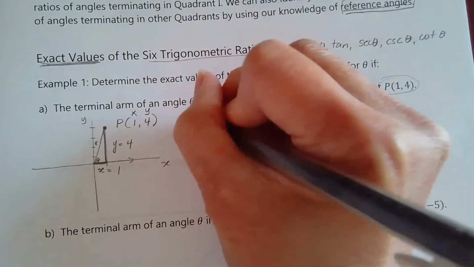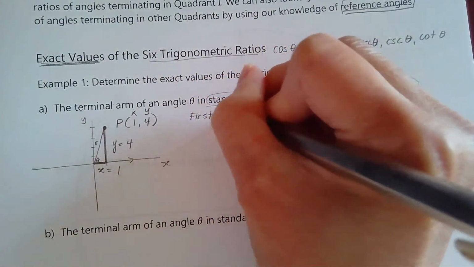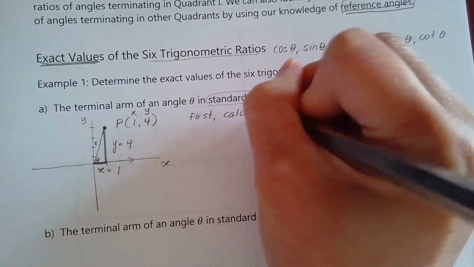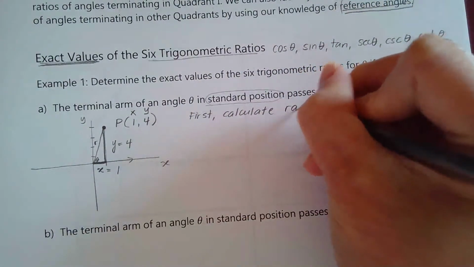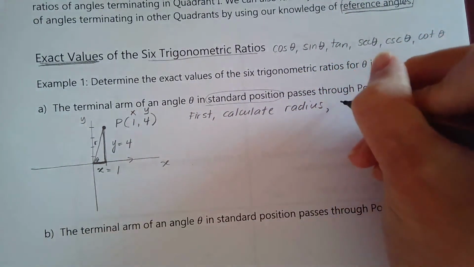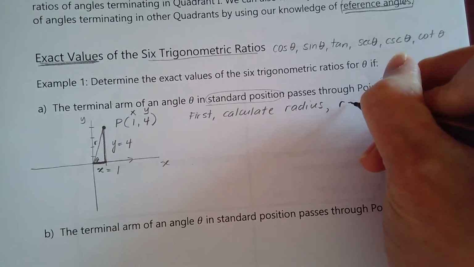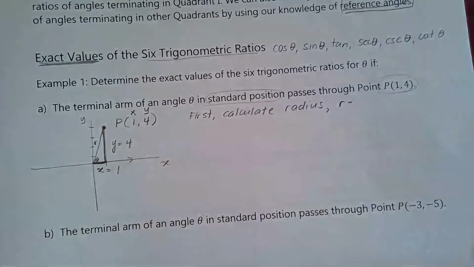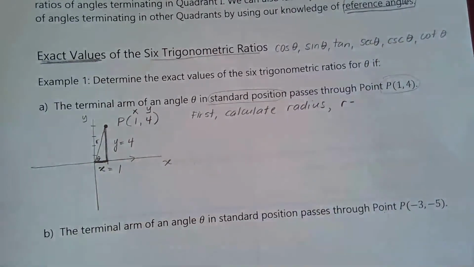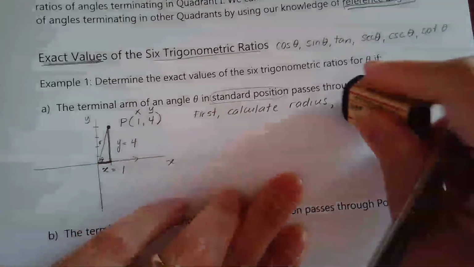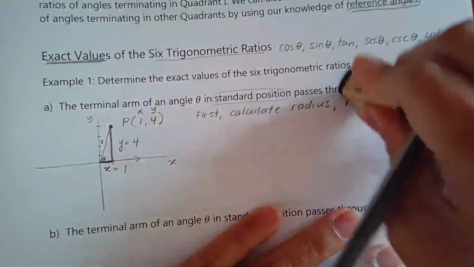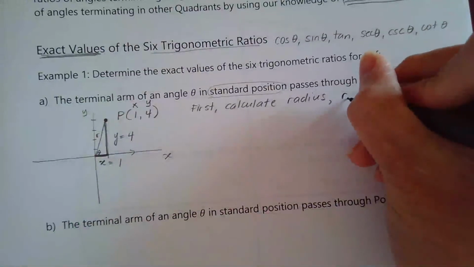So first, calculate the radius r. How do we do that?